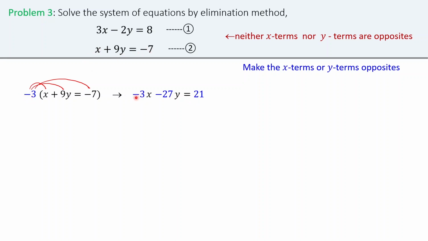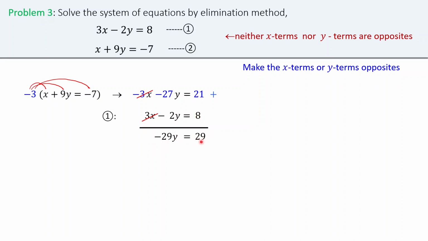Now you need to add this equation and the first equation. So write the first equation. Now add negative 3x, positive 3x, cancel out. Negative 27y minus 2y is negative 29y is equal to 21 plus 8 is 29.